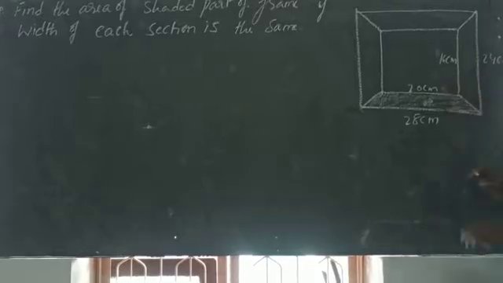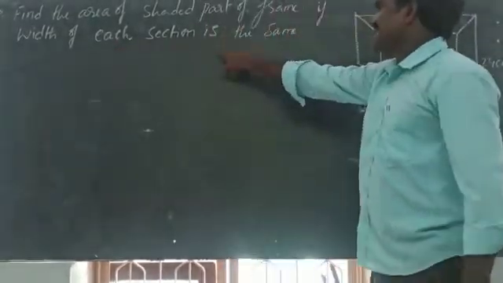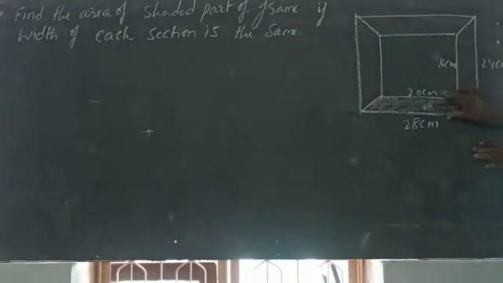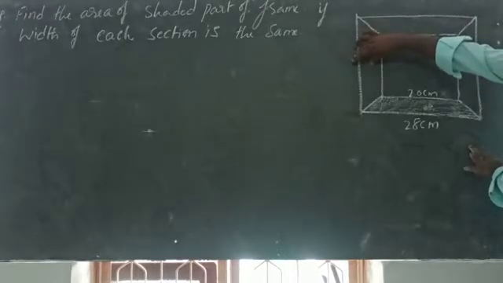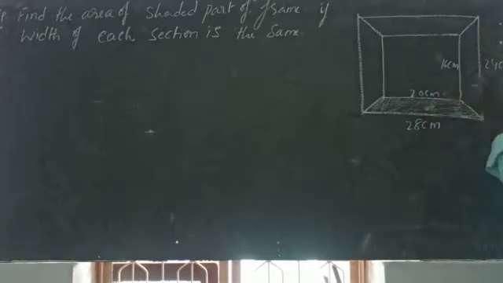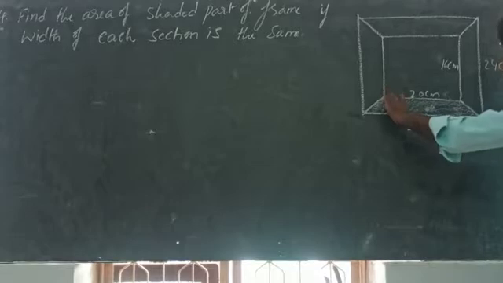In this shaded part, what have they given? The width of each section is the same. That means this width, it is the width. This is the same, here same, here same. So here these two lines are parallel.